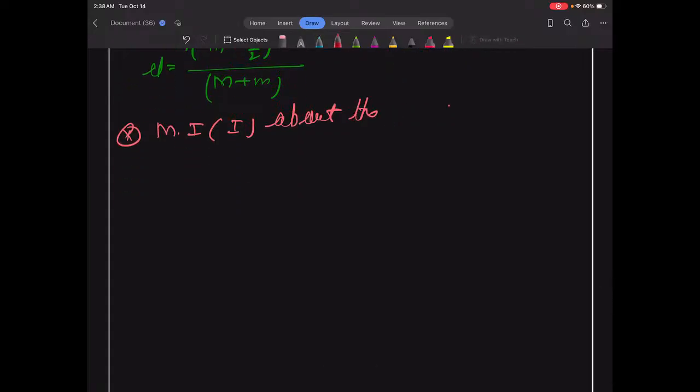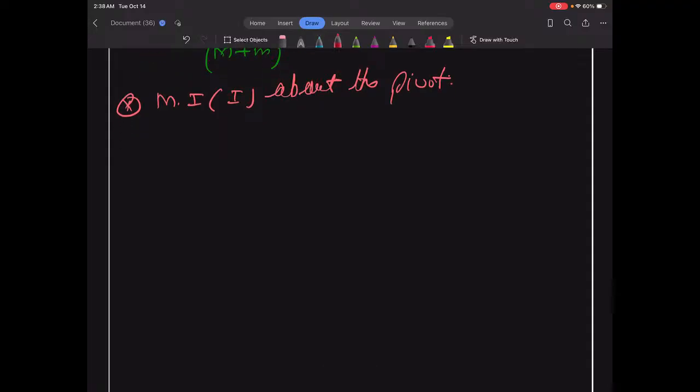First, for the disk, the moment of inertia of the disk will be equal to the same moment of inertia about the center of mass plus mass times the distance from the pivot squared. I_CM we know is half M r square, plus M L square.